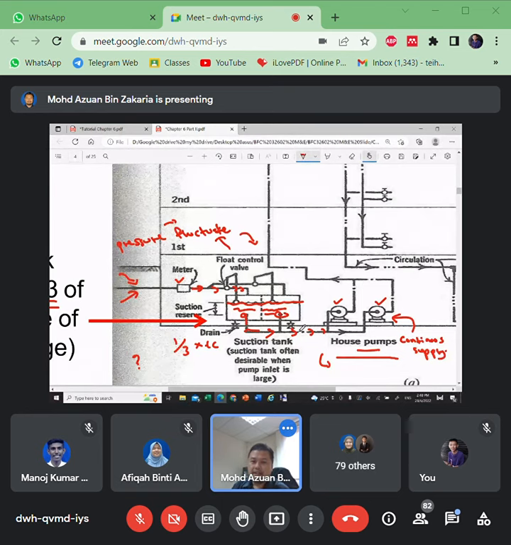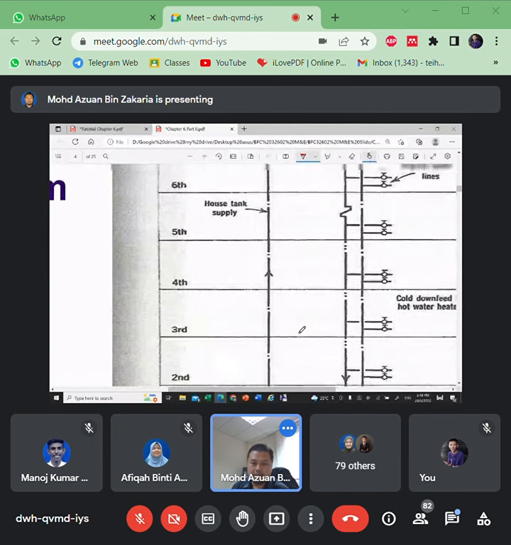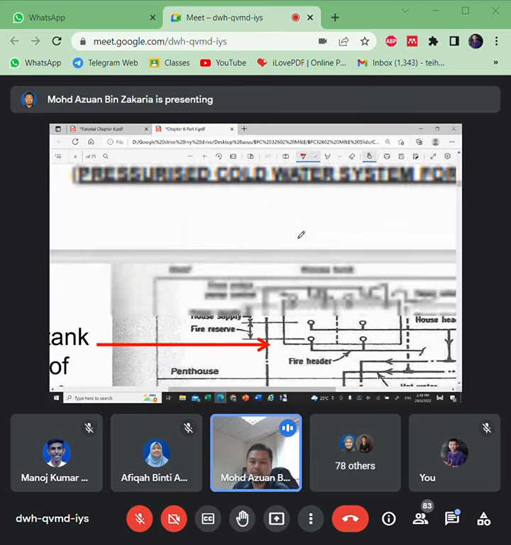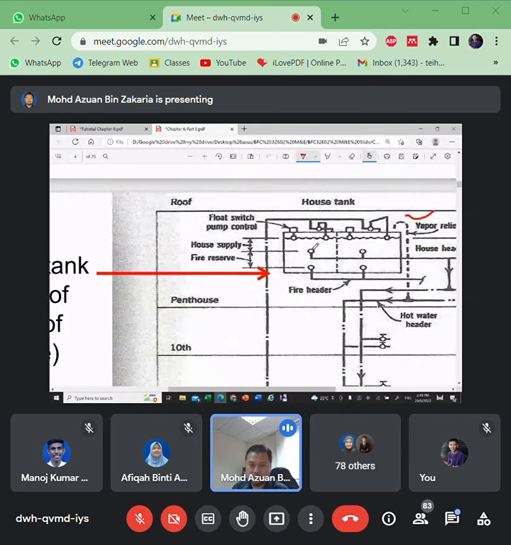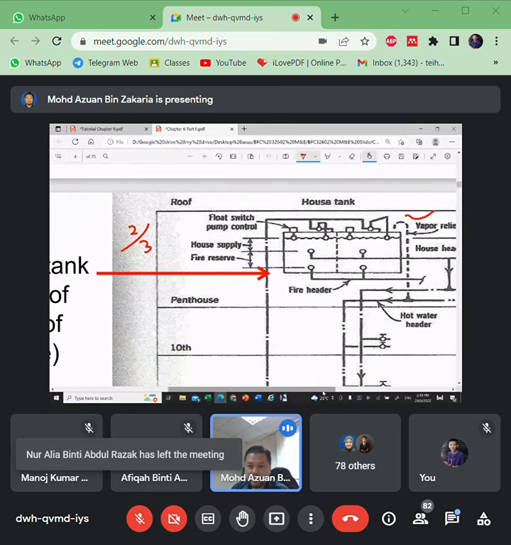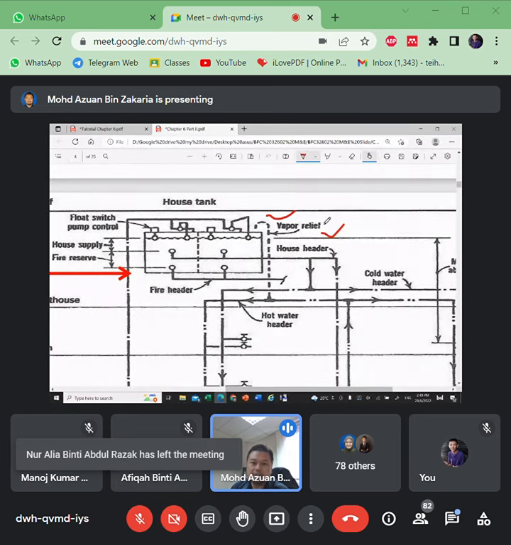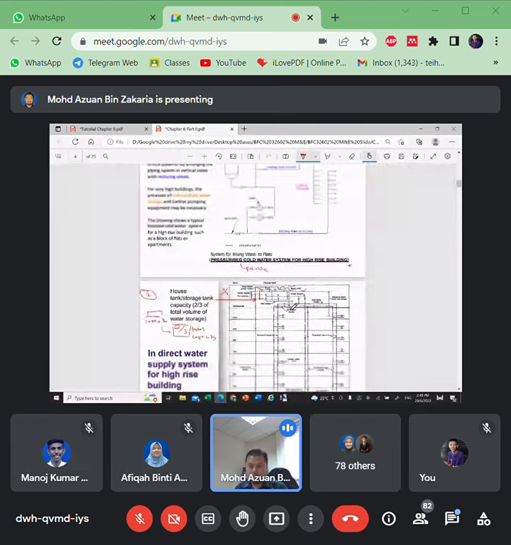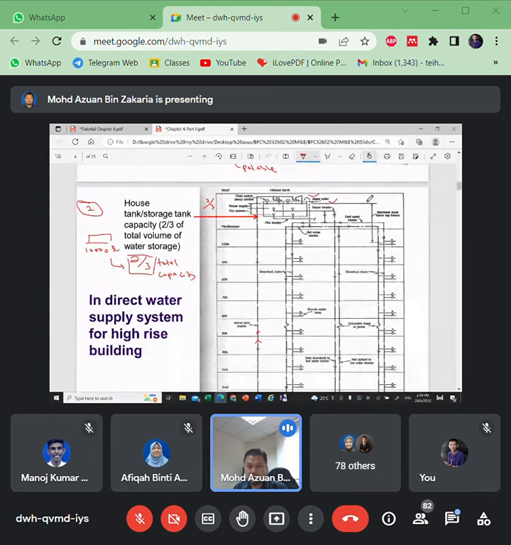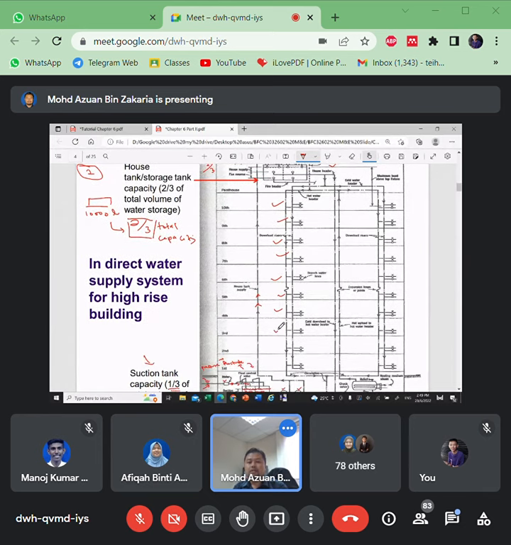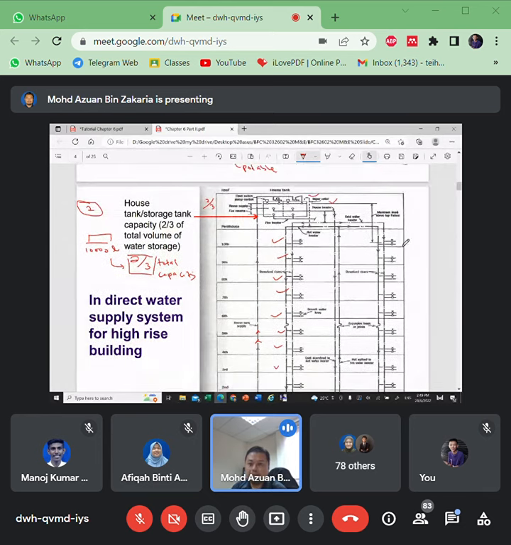Next, after the pump, the water will be pumped through a riser to the top of the building, which is the main water storage system. Again, it is 2/3 of the capacity. From here, it will be sent directly to all rooms or houses on each level. Simple like that.